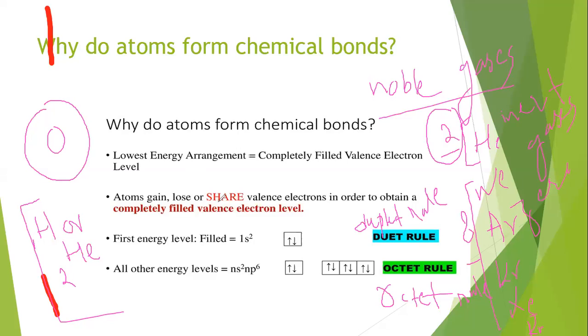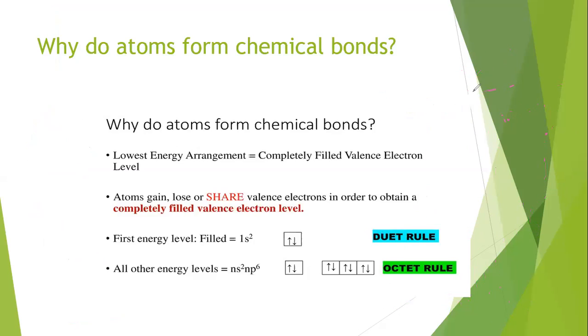They combine together and make an electronic configuration like the noble gases, when an atom takes electrons, when an atom loses electrons, and when an atom shares electrons. If the atom has less than 3 electrons in its valence shell, then what will happen?